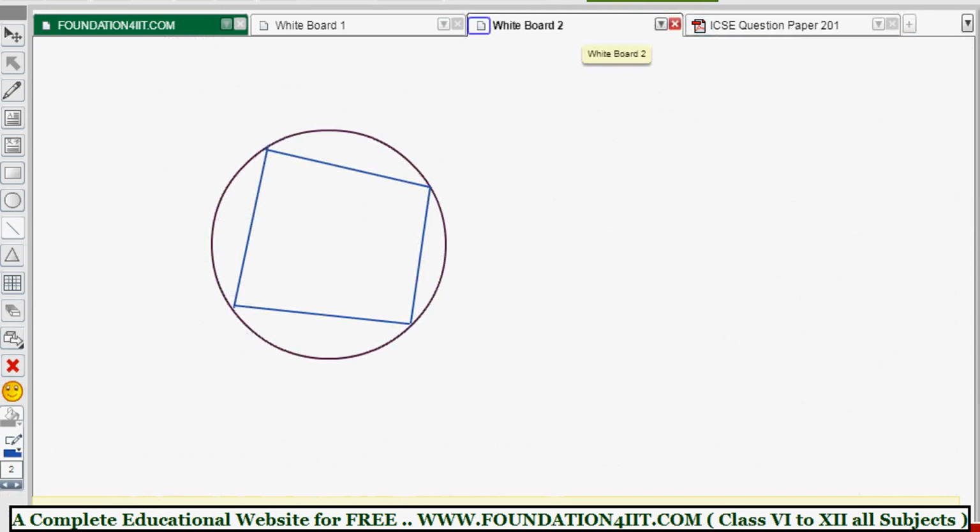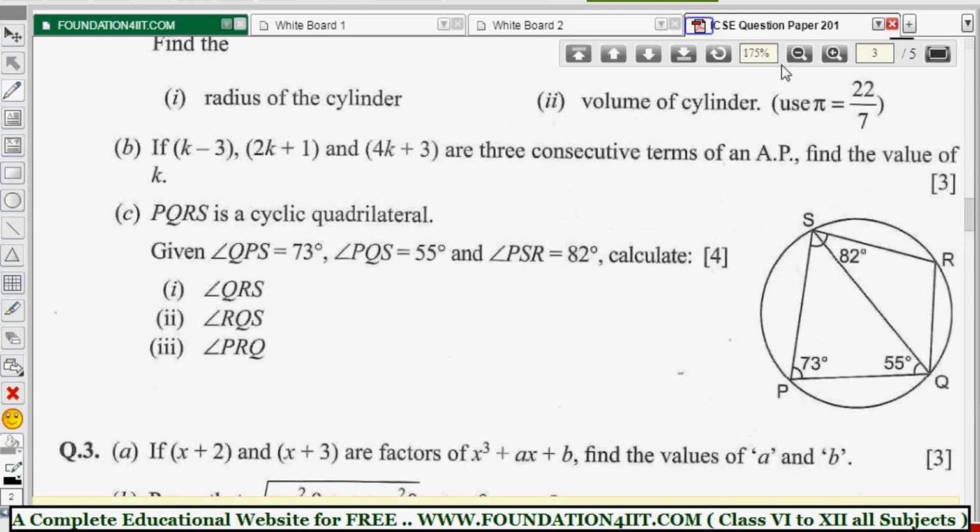Just keep the letters as they are: P, Q, R, S, and Q to S is joined.